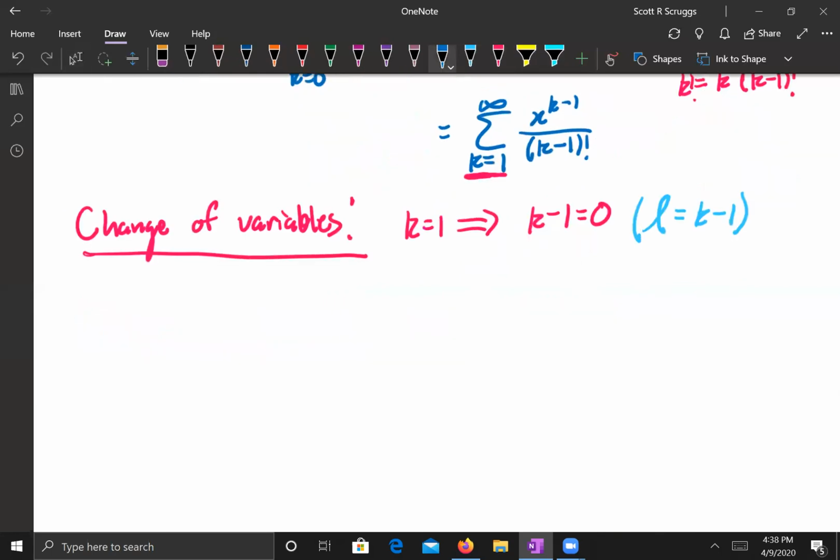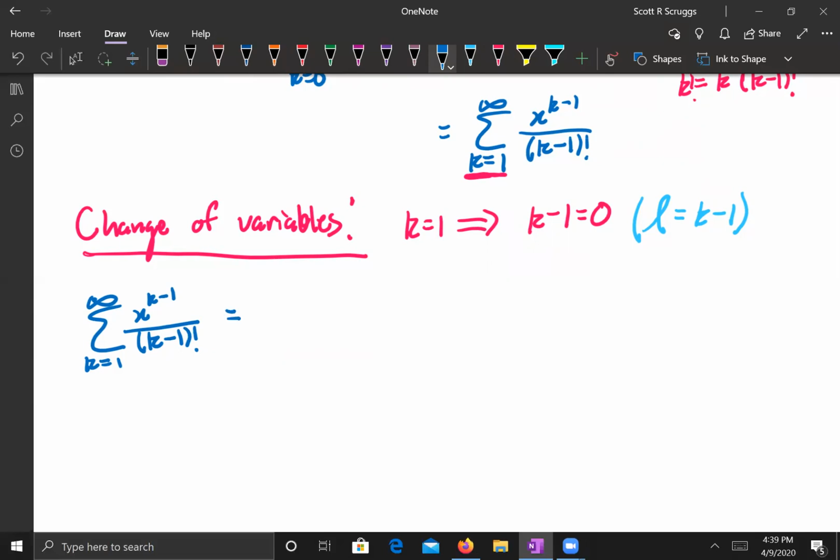Meaning, when I go back to my series, k equals 1 to infinity of x to the k minus 1 power over k minus 1 factorial, because I'm doing a change of variables, I'm going to rewrite the entire series in terms of my brand new variable L.